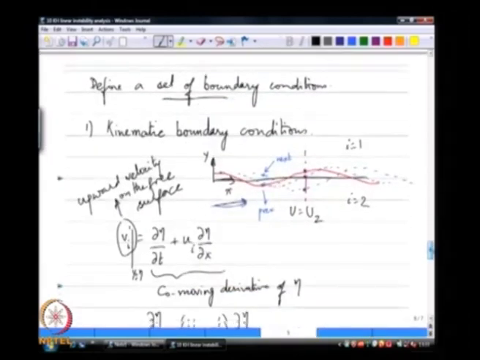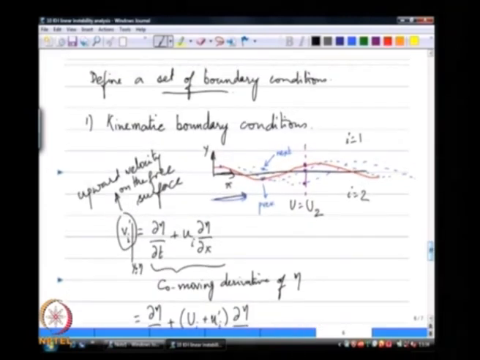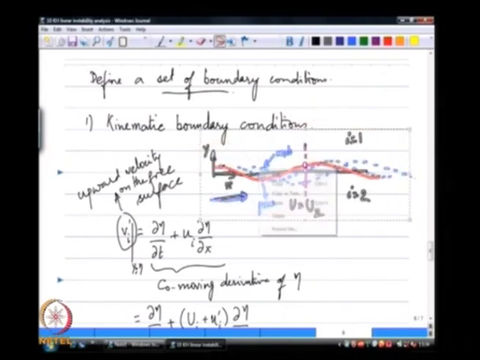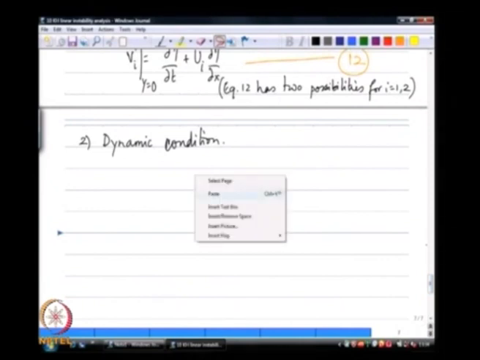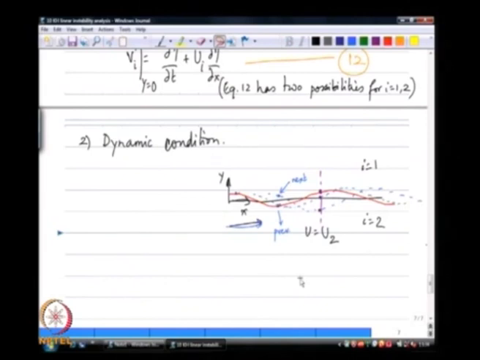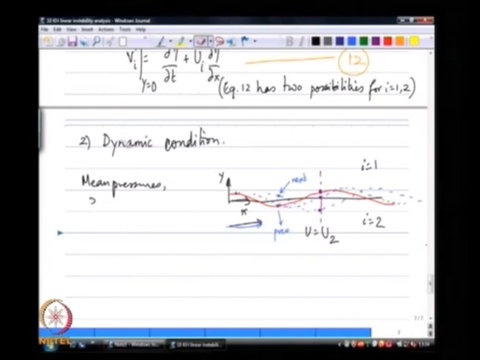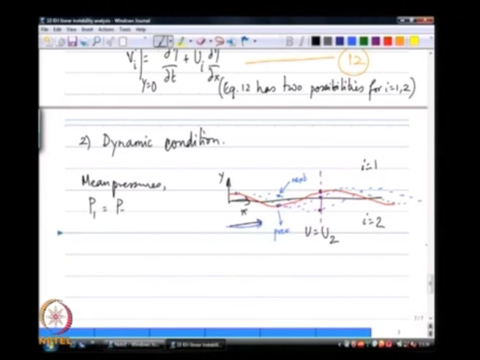If I go back to this same diagram, if I imagine for a moment that let us look at the mean pressures, capital P I, or to be specific, capital P 1 is equal to capital P 2 equal to 0 by definition. That is where we left off.